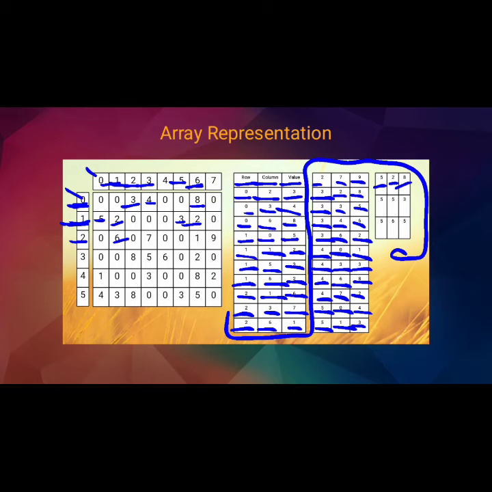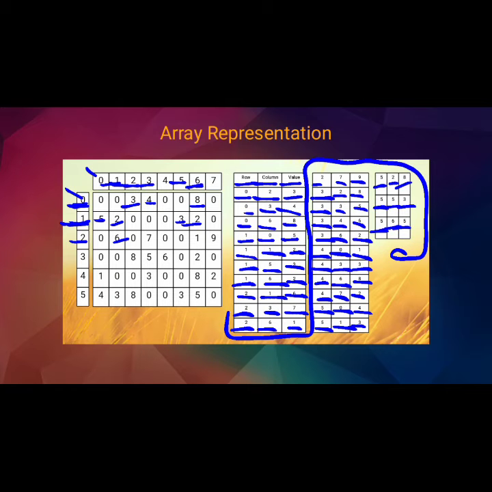In row 5, column 5, value is 3. And lastly, row 5, column 6, value is 5. So that's all. Since we finished the array representation, now we will proceed to the sample program.